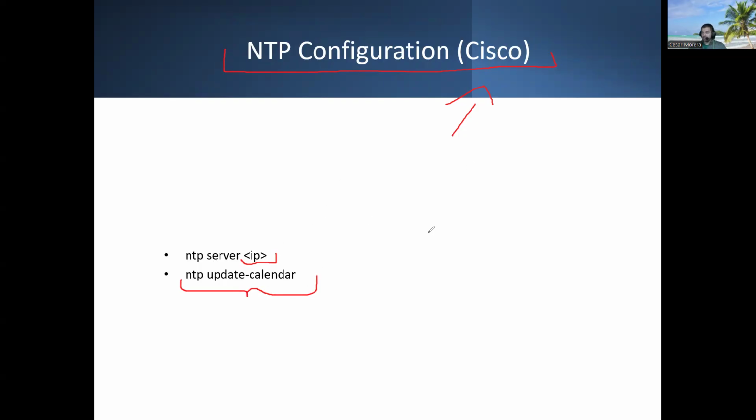Those are the two commands, and we will go over this in the Packet Tracer Lab later on, explaining step by step how to configure NTP correctly on Cisco devices. Okay, let's go ahead and clear the drawings and let's continue moving on.